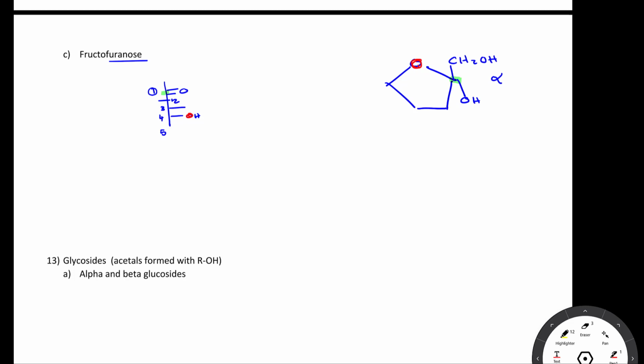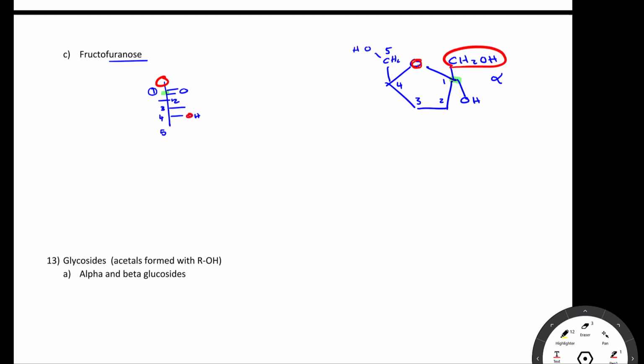So, like in glucose, this lowermost carbon is going to be CH2OH, like this, pointed in the upward direction. Now, this is 1, 2, 3, 4, and this is 5. Now, the initial CH2OH, that's this guy over here, that's the one that's coming off on this end here, like that, okay?